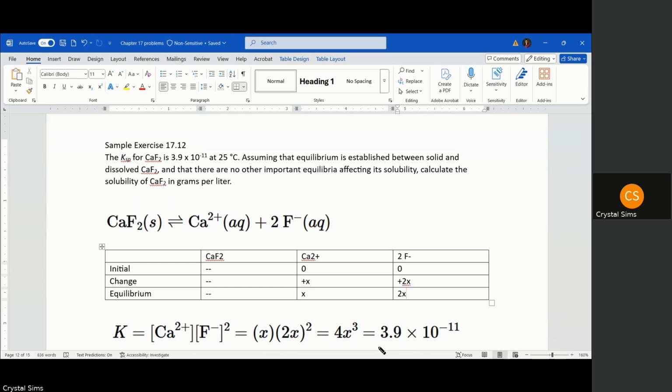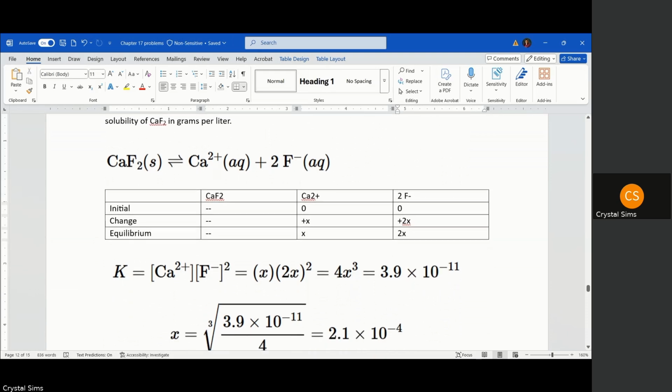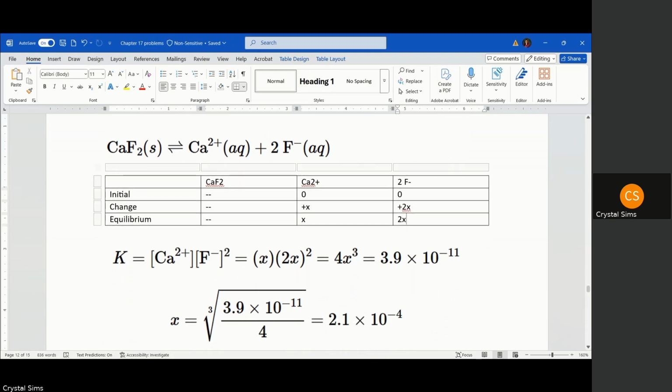We set that equal to 3.9 times 10 to the negative 11, because we've already looked up our KSP for the calcium ions and the fluoride ions. Now we need to solve. So we divide by 4, and then we take the cube root of that.